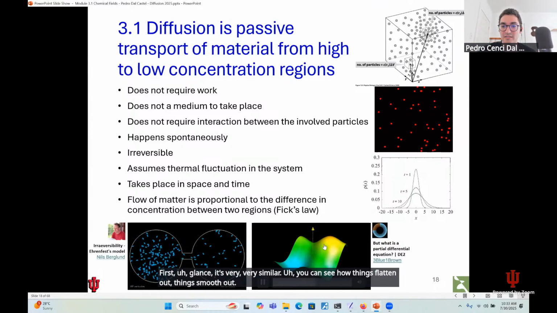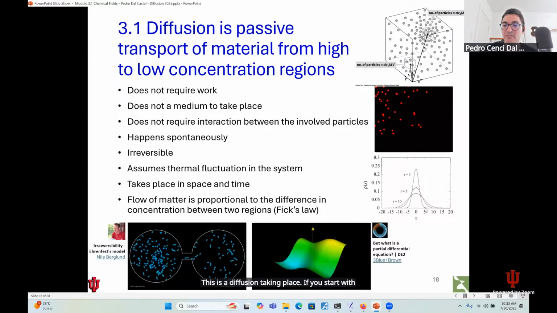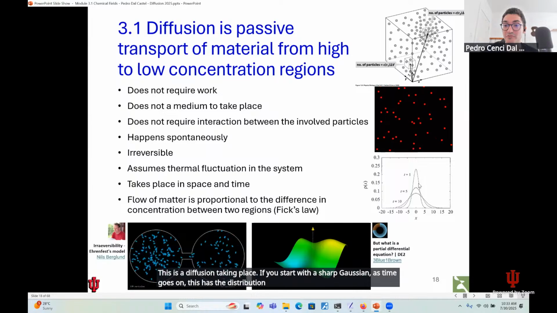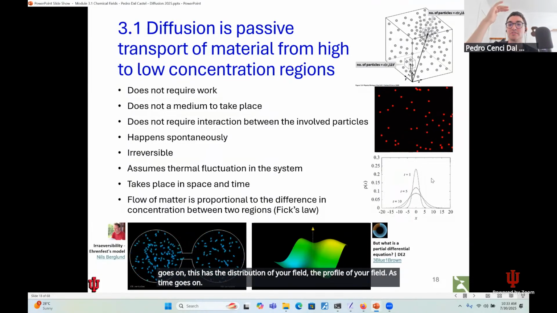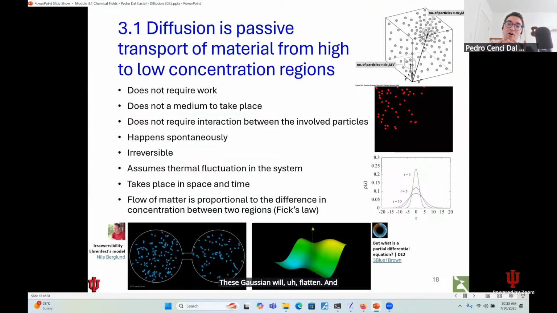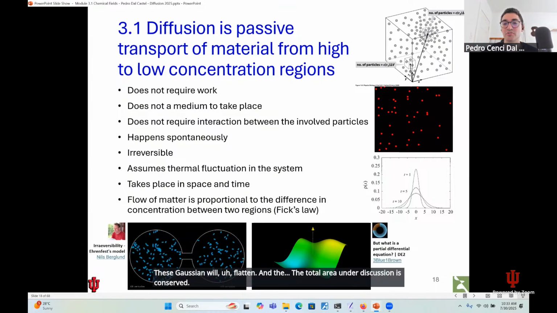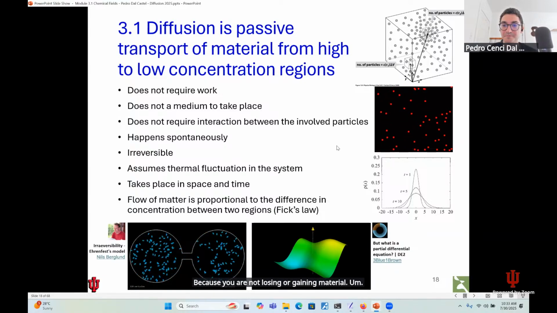This is diffusion taking place. If you start with a sharp Gaussian, as the distribution or profile of your field, as time goes on, this Gaussian will flatten, and the total area under this Gaussian is conserved because you are not losing or gaining material in the system.